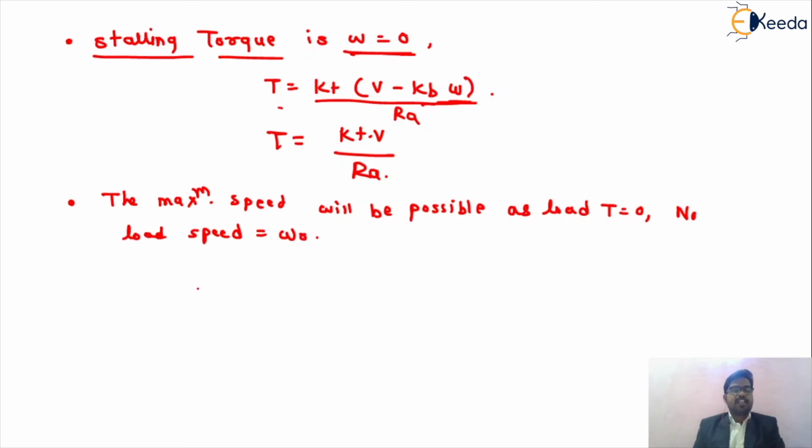So we get the fundamental equation of torque, that is (Kt·V − Kb·ω) divided by Ra, and we have to substitute this term.